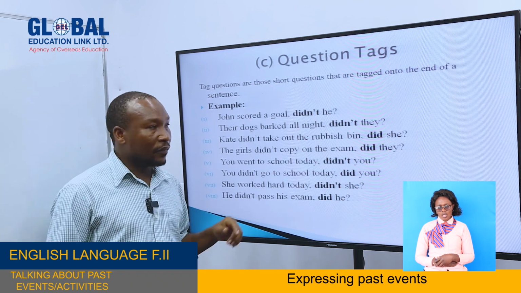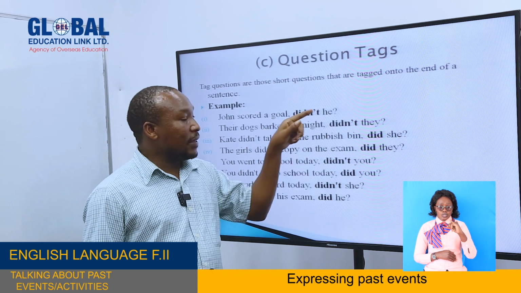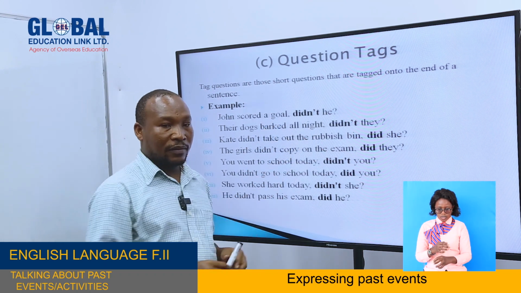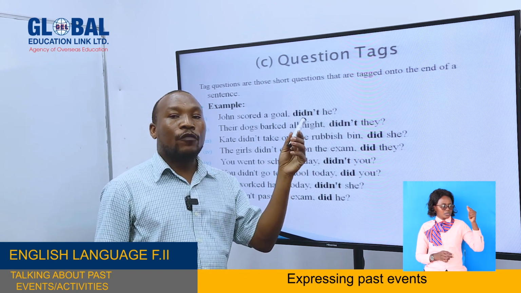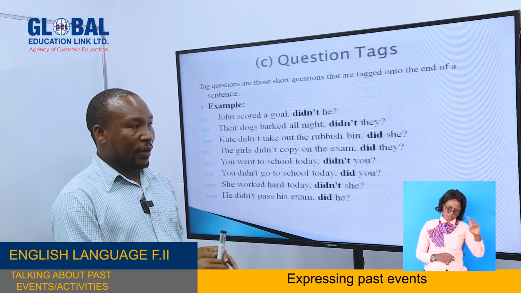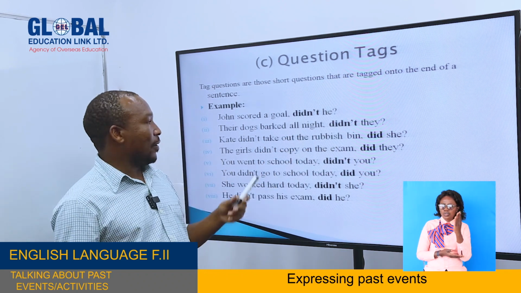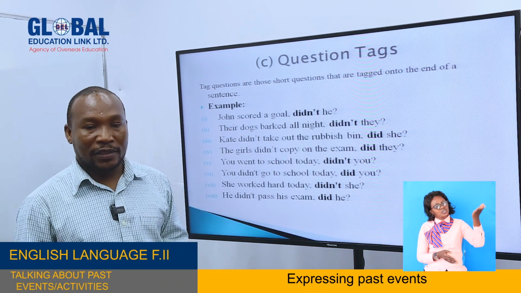Roman 1. John scored a goal, didn't he? This is the question tag. Did is the past form of do. Therefore, it helps us to know that the action of scoring the goal is the past event.